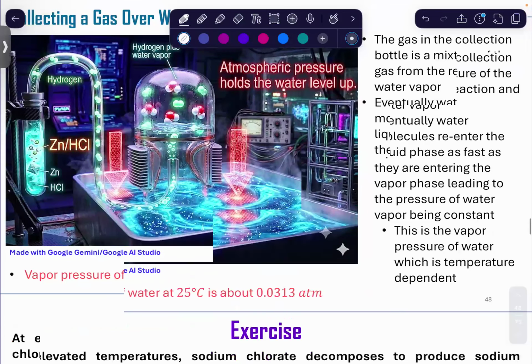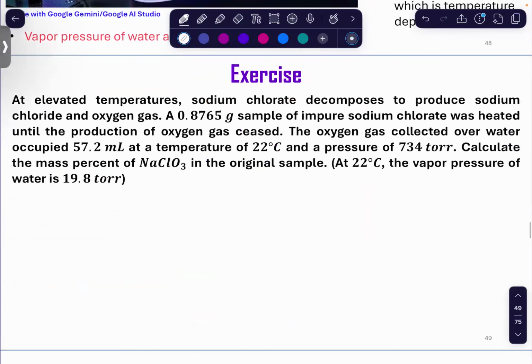So we're just going to look at a calculation here. At elevated temperature, sodium chlorate decomposes to produce sodium chloride and oxygen gas. 0.8765 grams of impure sodium chlorate, so we don't know how much sodium chlorate is actually in the sample, is heated until the production of oxygen gas ceased.